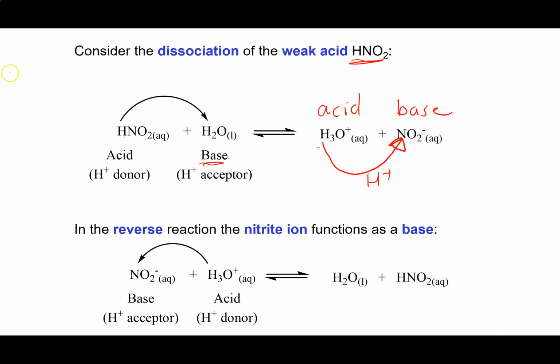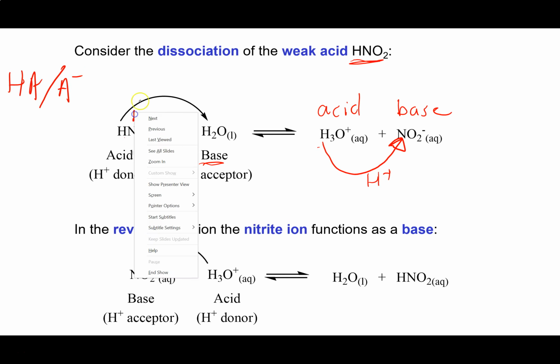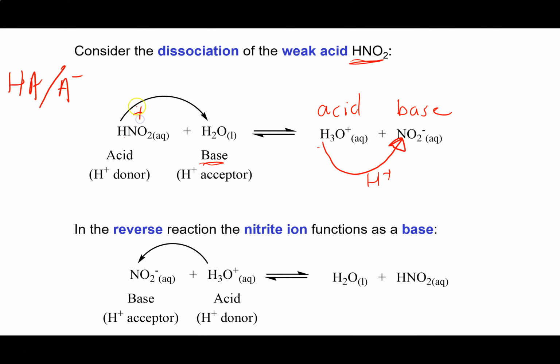So this would be our acid, our HA, and then this guy is going to be our A minus, our base. And you can see that the only difference between this acid and the base is 1 proton.